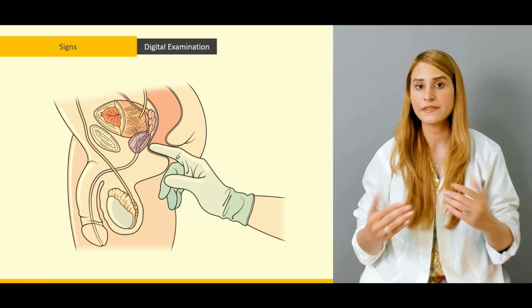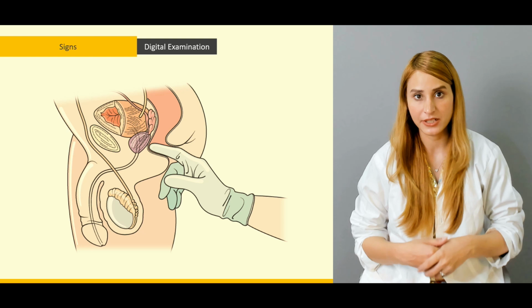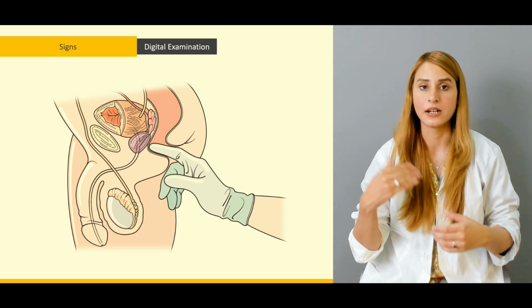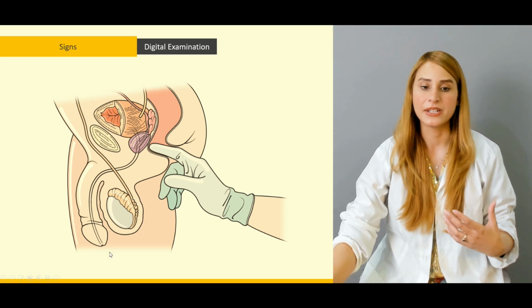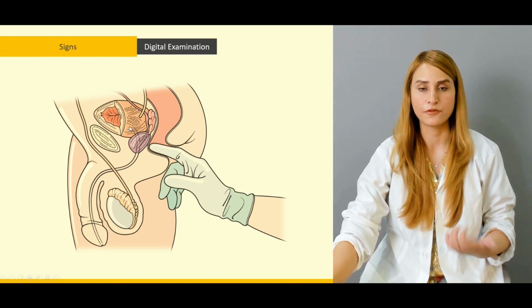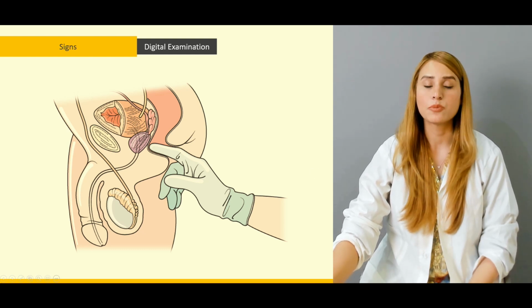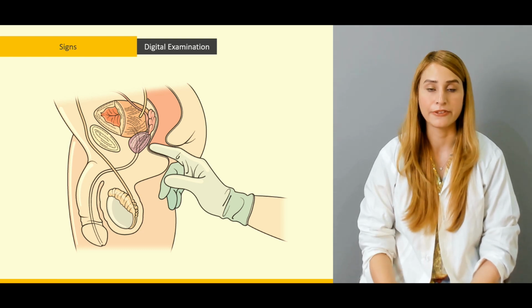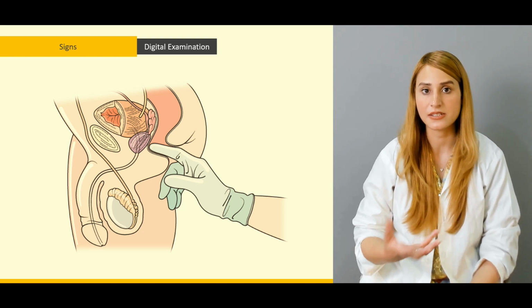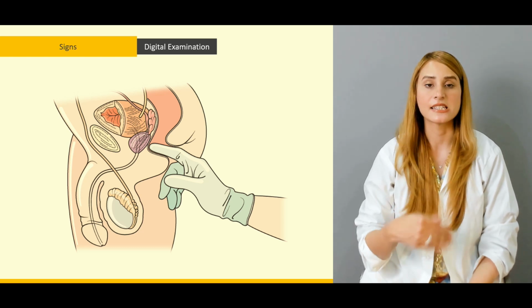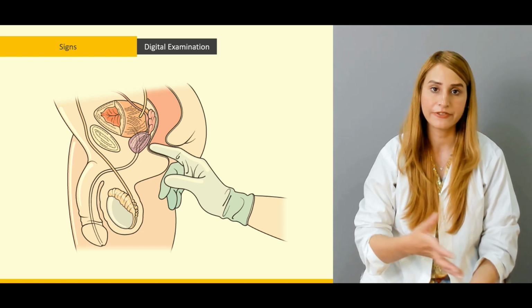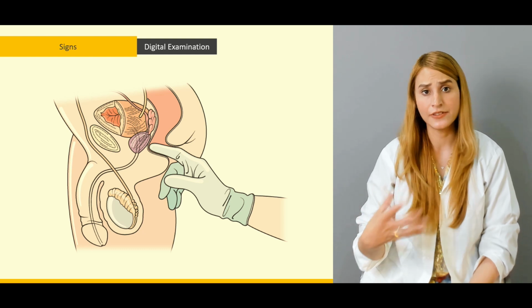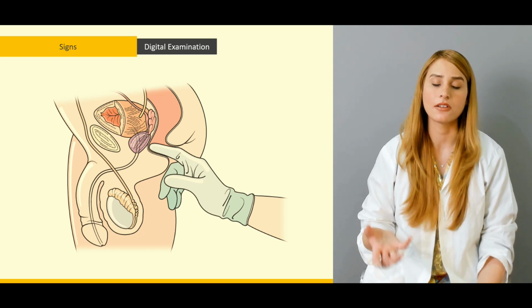First, what kind of information are you getting from the digital rectal examination? Particularly it will give you information about the prostate: the surface of the prostate, whether it's smooth or roughened, or whether the size of the prostate is enlarged or not.